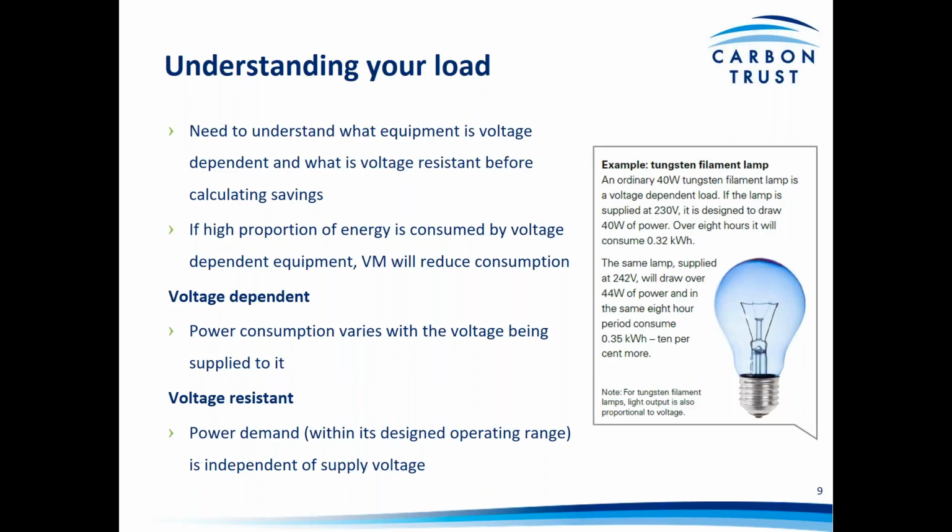It can be difficult to determine without close inspection what equipment on site is voltage dependent, what is voltage resistant, and what is somewhere in between. So we've got a couple of examples that I'll run through on the next couple of slides, just to give a bit of higher level guidance here.